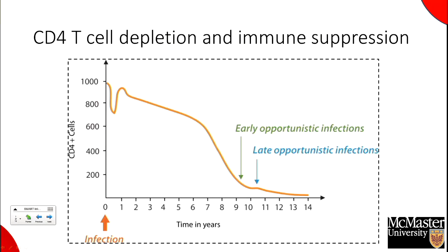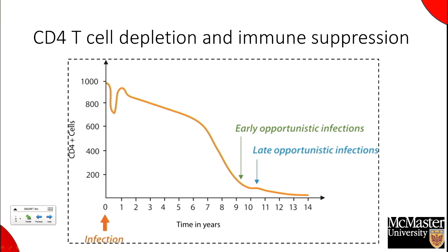This graph shows the CD4 T cell numbers throughout the years. Initially, you get infected, and then the virus is replicating in your CD4 T cells, and your CD4 T cell count starts to drop. And then you get a spike back up. This is because of your homeostasis efforts.